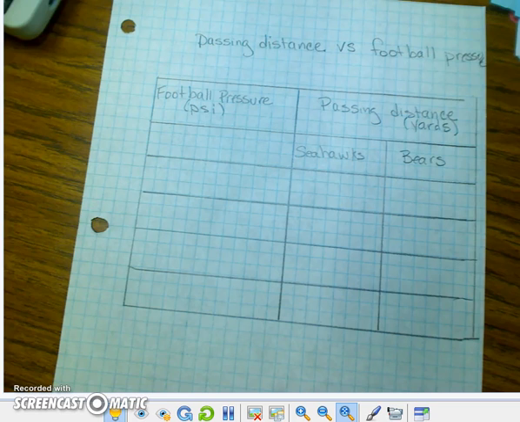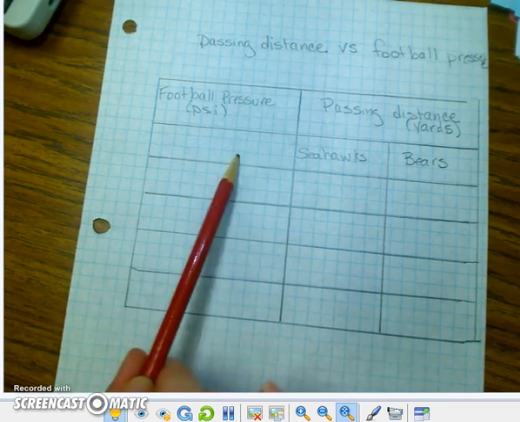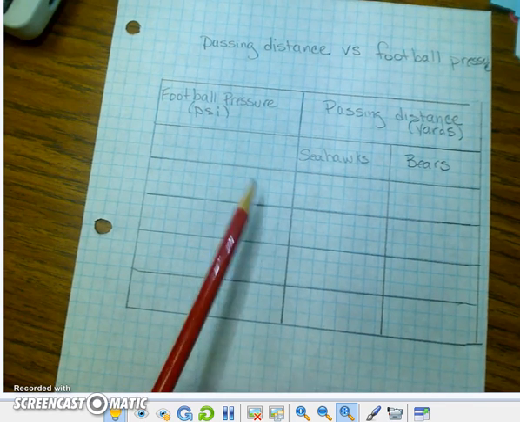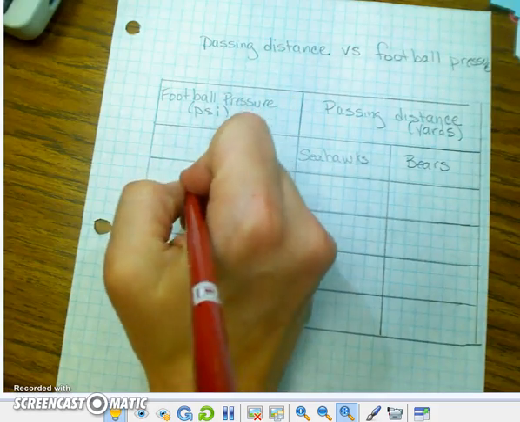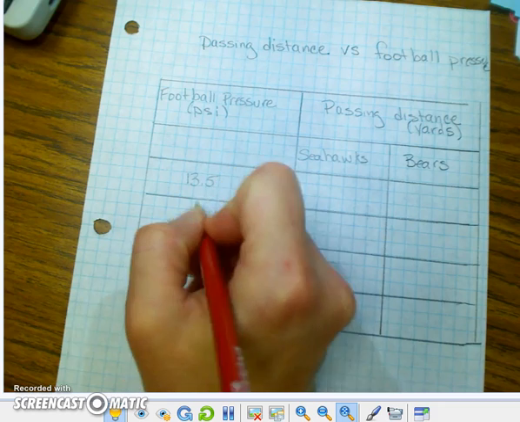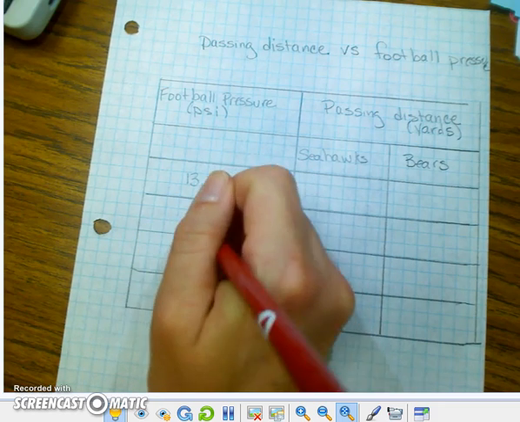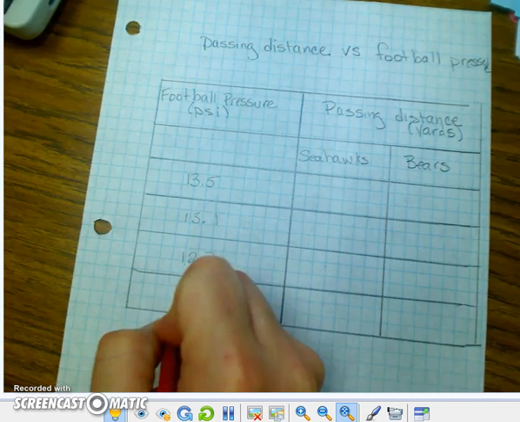Okay, so looking back, now I can fill in my data. And you know what? This is going to be a blank square, and that's okay. So if I look back at the PSI, they gave me 4 different PSIs. The first one was 13.5. The second one was 13.1, 12.7, and 12.3.